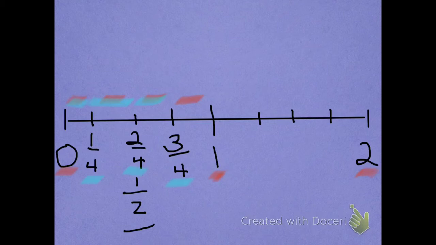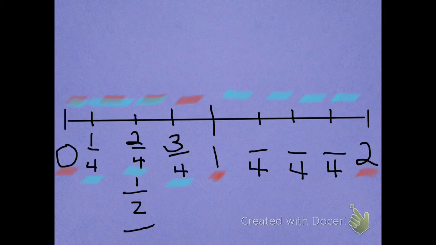But this number line is cut up too. So we see how many pieces that it's cut up into. 1, 2, 3, 4. So I know that my denominator is going to be 4. Now the interesting thing is that it's no longer just 1/4 or 2/4. There's 1 attached to it.